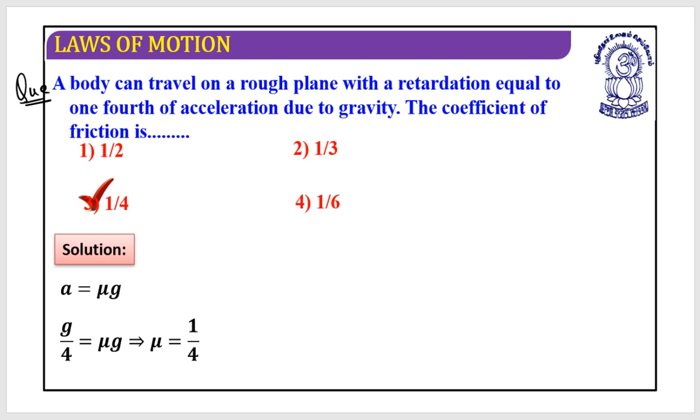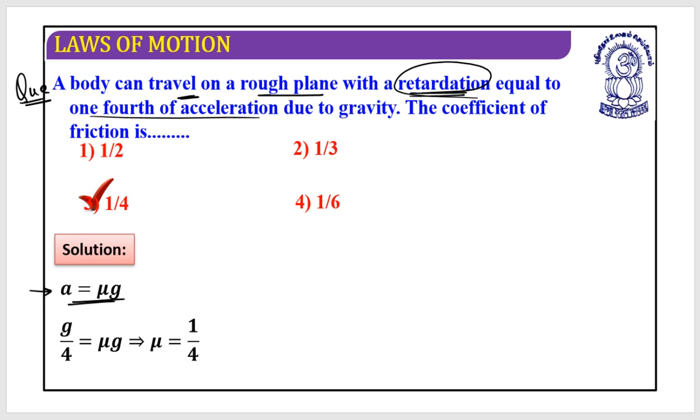It says a body can travel on a rough plane with a retardation equal to 1/4 of the acceleration due to gravity. What is the coefficient of friction? In the last numerical we derived this: a is equal to mu into g.